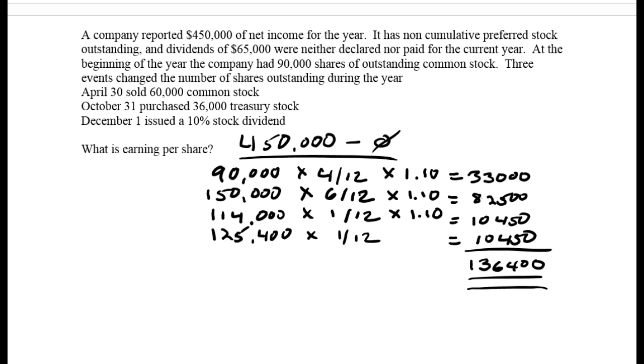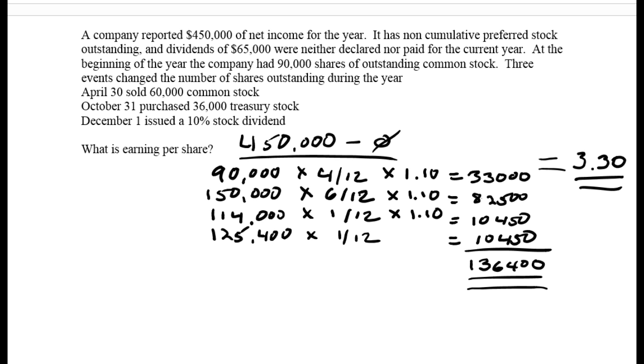The number that you get is 136,400. Now it's time to go ahead and calculate earnings per share. 450,000 minus 0 divided by 136,400 is $3.30. So earnings per share in this example is $3.30 per share.